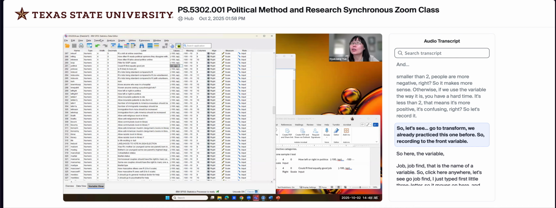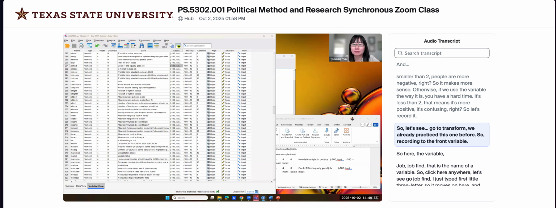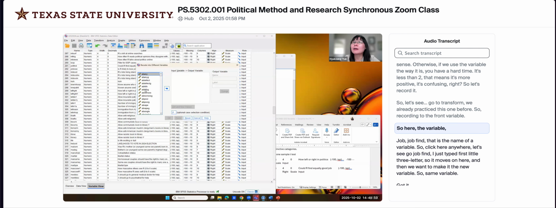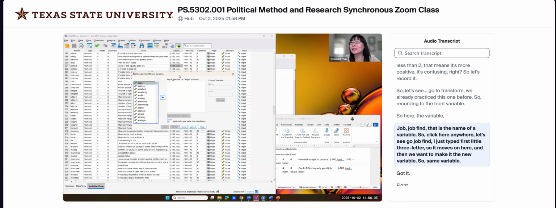So let's see. Go to Transform. We already practiced this one before. Recode into different variable. Here, the variable is job bind, that is the name of the variable. Click here anywhere.